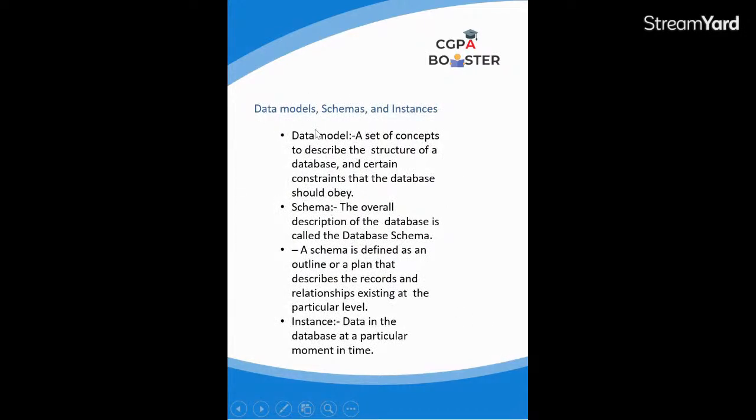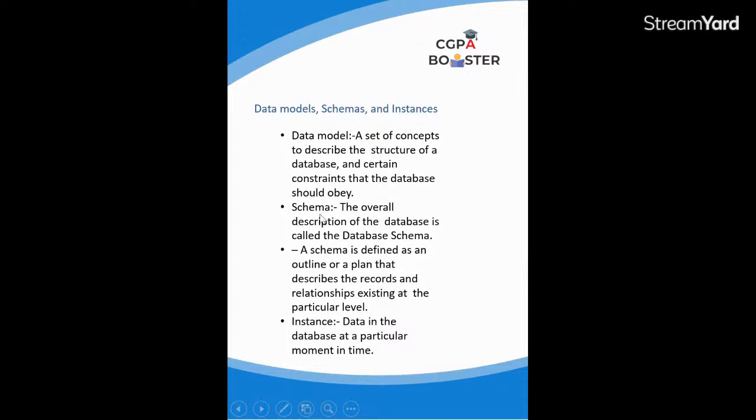We will be going over all these terms in detail in our upcoming videos, but just to give a brief introduction, we'll be going over data models, schemas, and instances. So what is a data model? A set of concepts to describe the structure of a database and certain constraints that the database should obey.